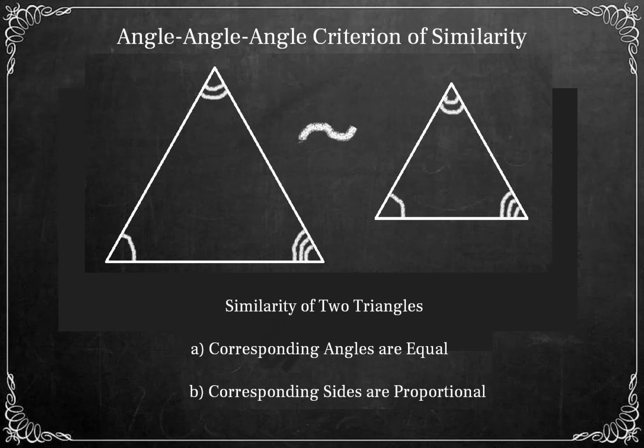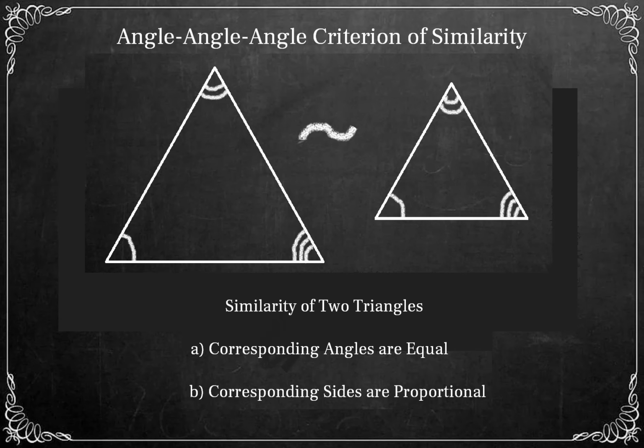Welcome back. To further clarify the idea of similarity, two conditions are naturally met. The first is what we discussed already, the triple angle criteria for similarity. All corresponding angles are equal. The second one is all corresponding sides are proportional.